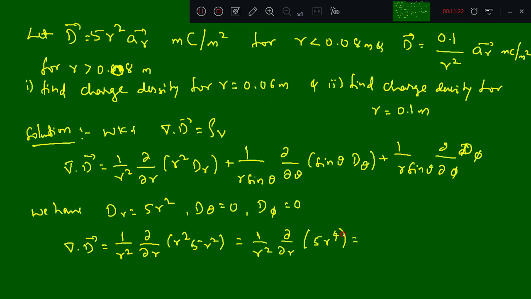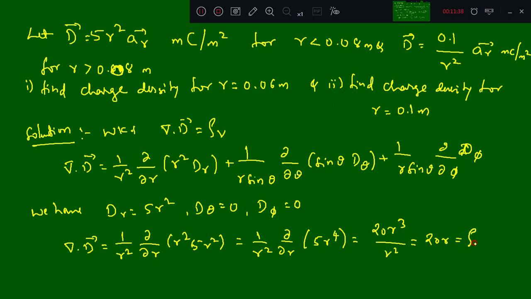If we take the differentiation, we get 20 r cube divided by r square, which is 20 r.